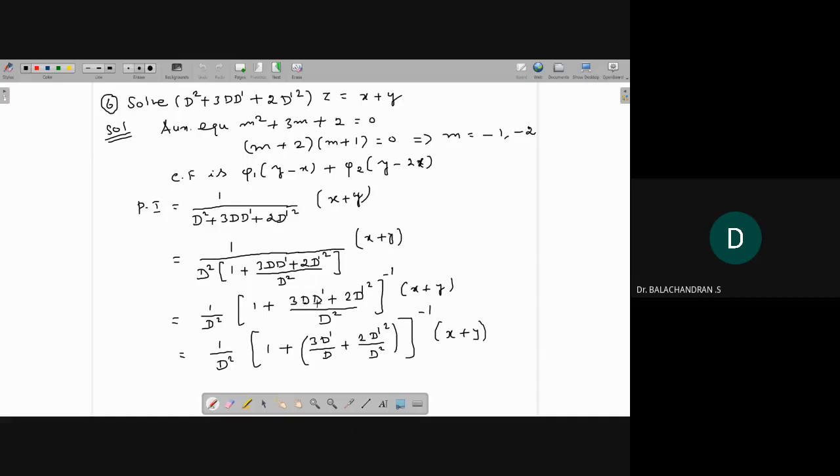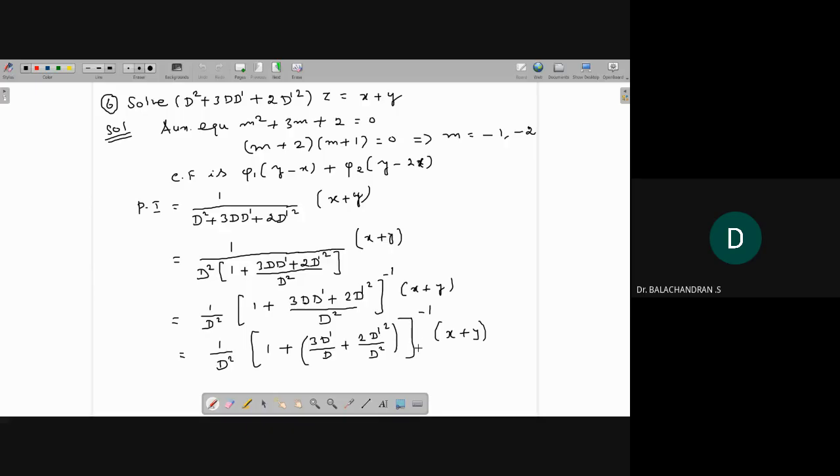So 3D D dash by D square is what? After cancelling D and D, 3D dash by D, and then 2D dash square by D square. There is nothing common, so the whole power minus 1. In the next step, you can expand it: 1 minus x, plus x square, minus x cube, and so on.